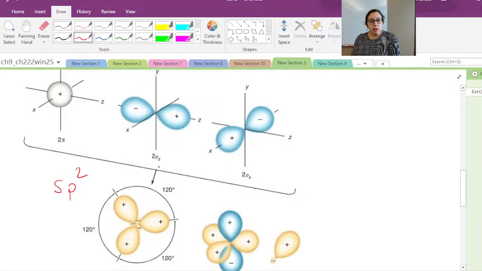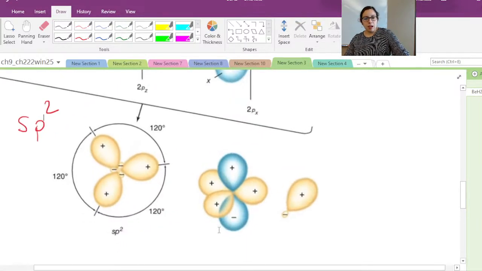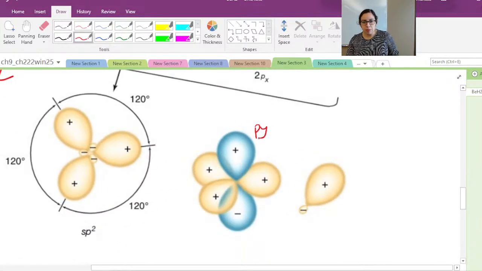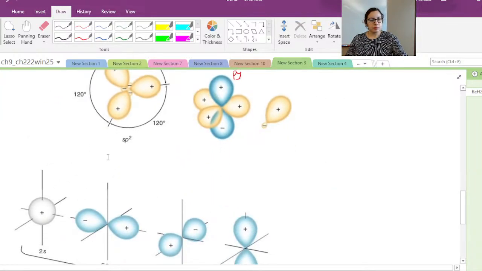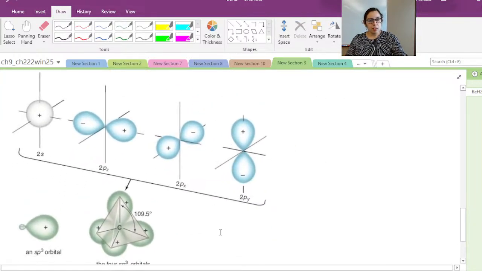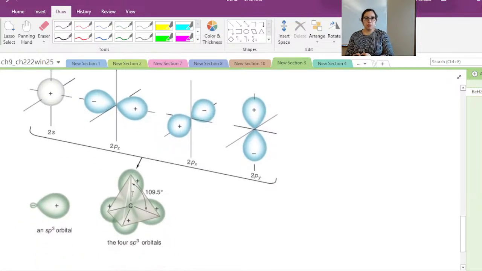They called it pz going into it, and there's our py that's still available. And then showing our orbitals for our tetrahedral: there's one sp3 orbital, and there would be four of them, giving us the four-lobe shape we're used to seeing. And of course, now all those orbitals are mixed.